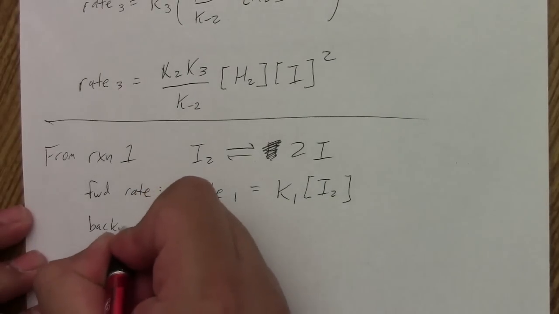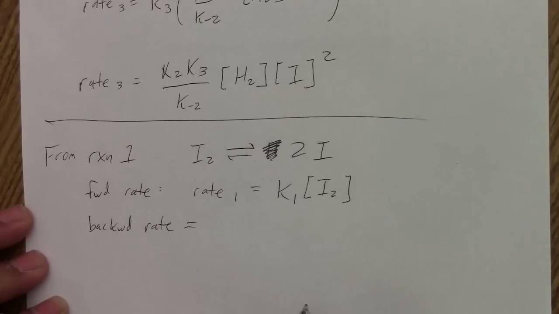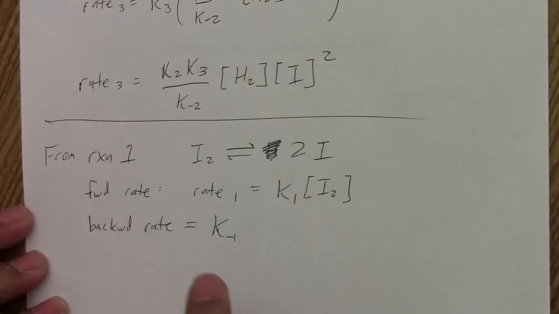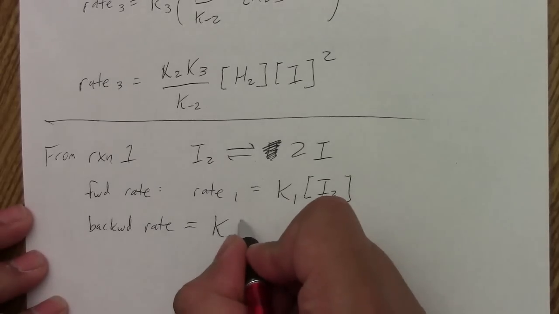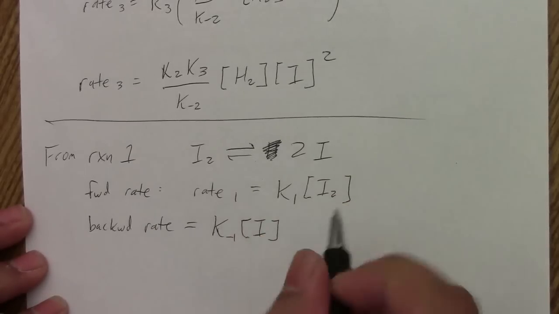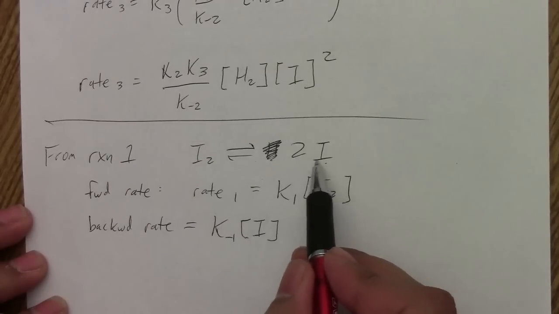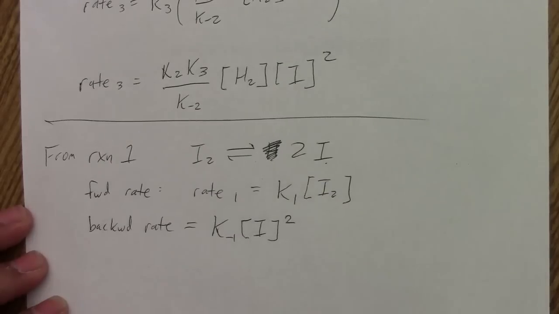And our backwards rate is going to be equal to k minus 1 times the concentration of I. Again, we're going to use our coefficient, but in front of I is 2. Well, that means we have to put a squared over here.